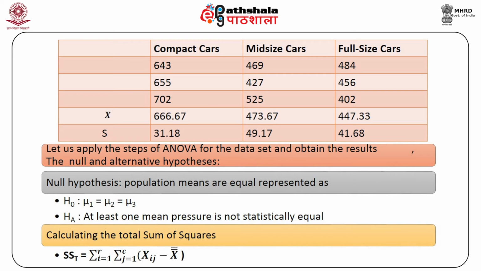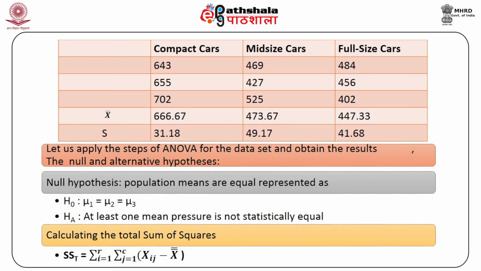The data is for compact cars, mid-size cars and full-size cars, and this is the reading for the pressure. X bar and standard deviations are calculated, and let us see what we do.